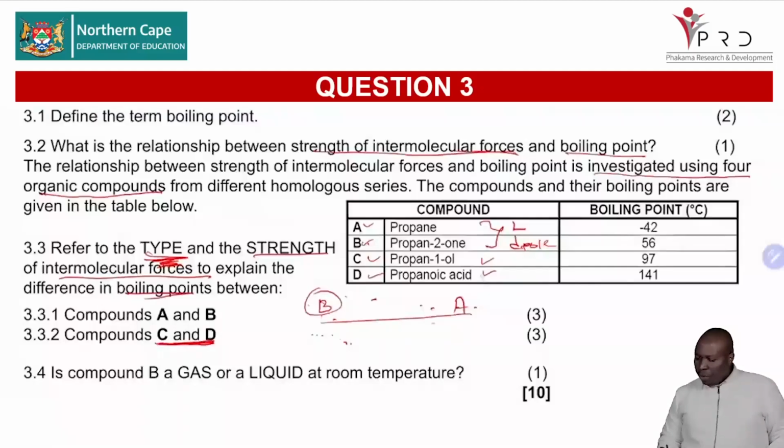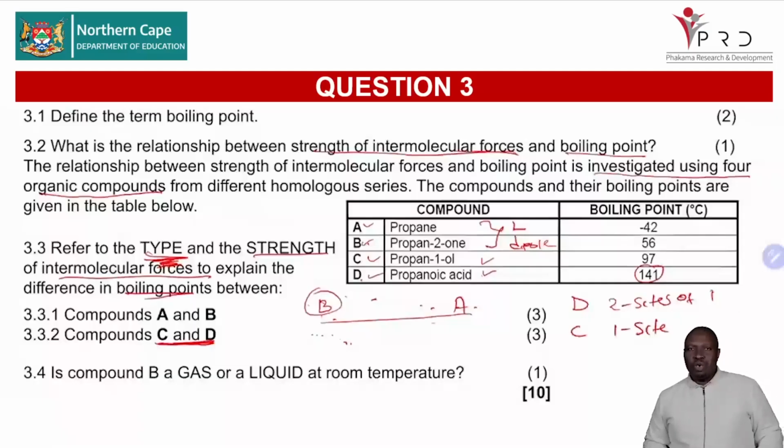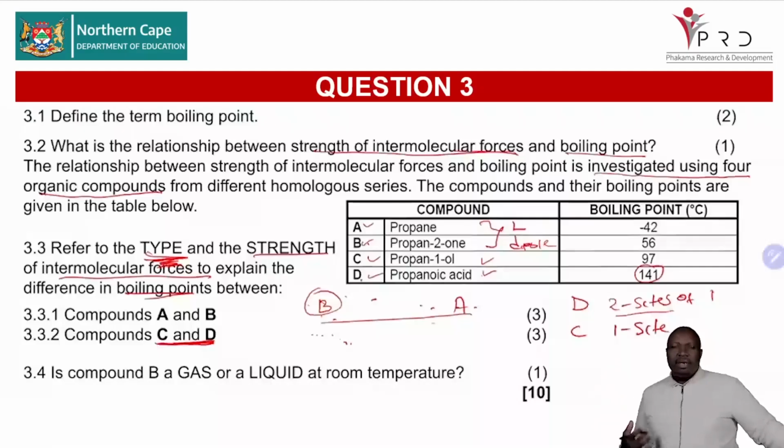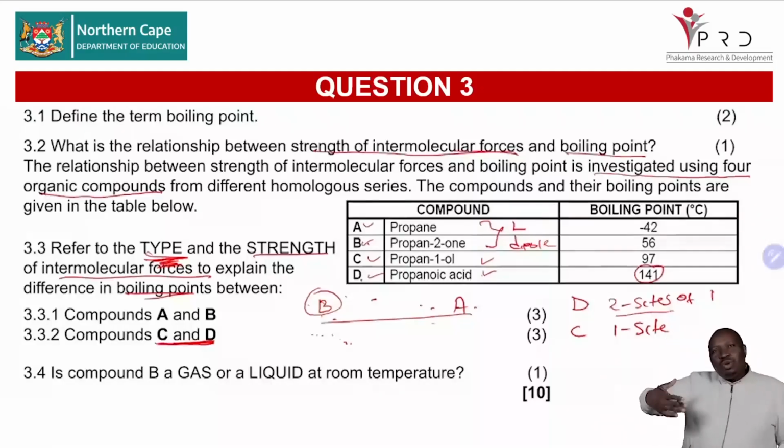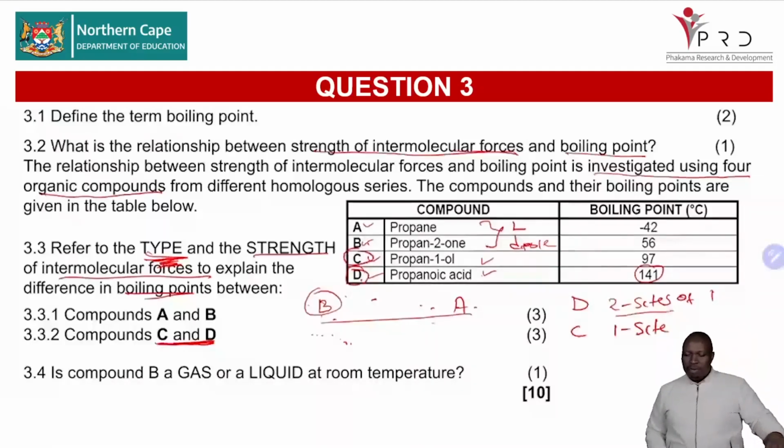So we're saying propanoic acid, which is D, has a higher boiling point. Why? Because D has 2 sides of hydrogen bond, and C has 1 side of hydrogen bond. So that's the first mark. And then D, the one with 2 sides, has stronger intermolecular force than C. The third mark, you are saying more energy will be required to overcome intermolecular forces in D than in C. So with that, you are able to answer your question.